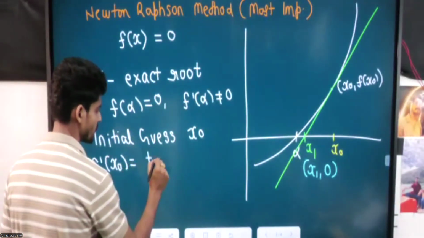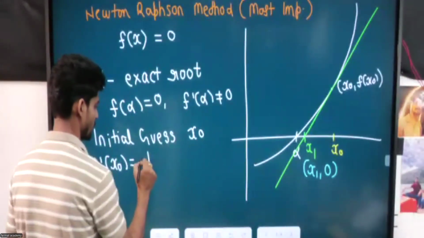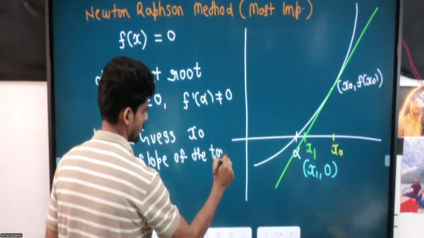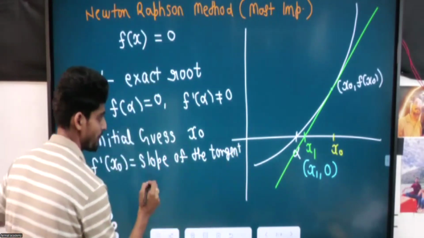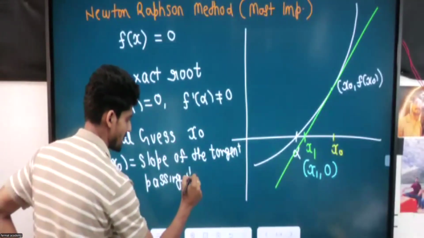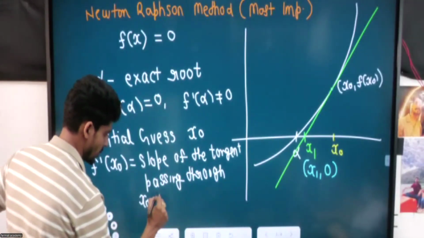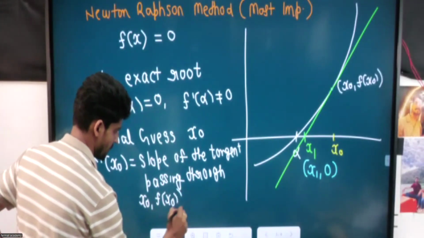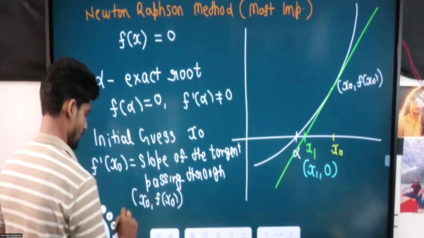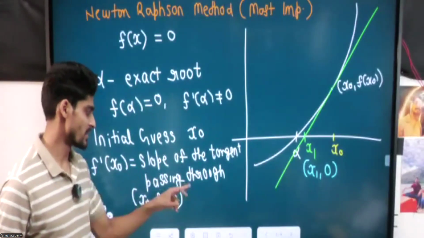It will be the slope of the tangent passing through (x0, f(x0)). So f'(x0) represents the slope of the tangent passing through (x0, f(x0)).